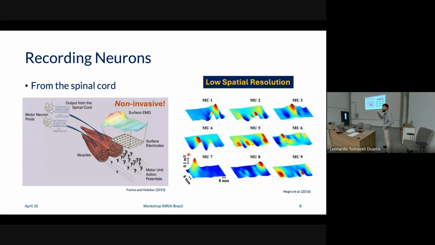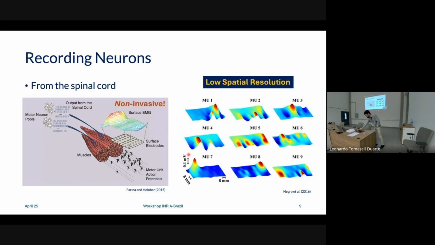So we have a very low spatial resolution using surface electrodes. It's similar to the electroencephalogram, with a very high temporal resolution, but with a very low spatial resolution.